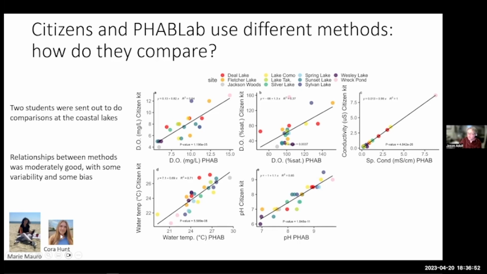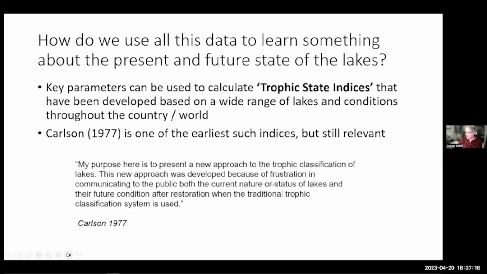Cora Hunt was actually one of the first CLONET samplers for Spring Lake in 2019 when she was in high school, and she came back as a college student to work in my lab last year and did this experiment with Marie, showing that the probes that the citizens are using are comparable to the probes that we're using in our lab. And we've done a number of experiments like this in different ways to look at that.